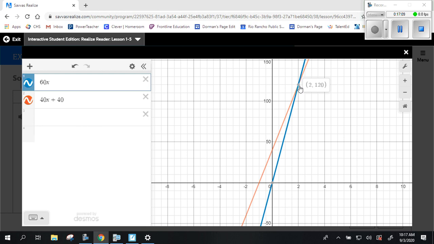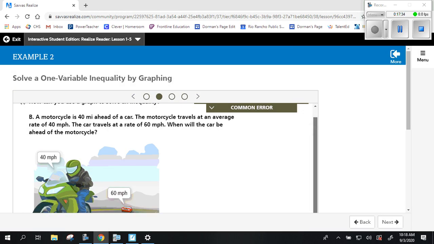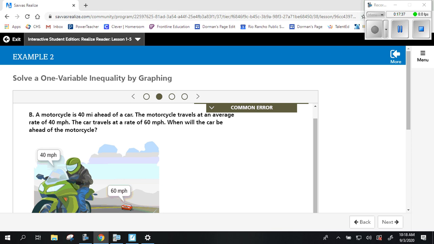That is the point where the car passes the motorcycle. So essentially, for any x that is greater than 2, the car has now traveled farther than the motorcycle. So let's write that: for any x that is greater than 2, the car has gone further than the motorcycle.